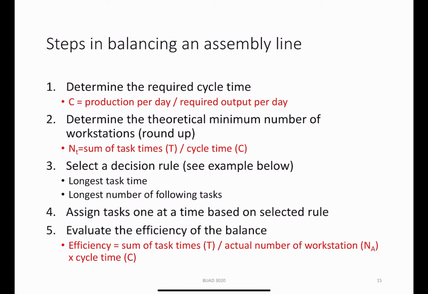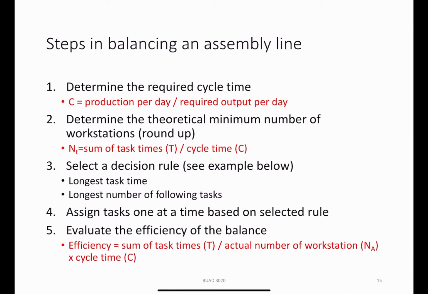Then you need to select a couple different decision rules. For example, my primary rule can be the task that has the longest task time. Or I can say my rule will be I'm going to give the priority to the task that has the largest number of following tasks. Okay. Then you need to assign the tasks one at a time based on the rule you select.